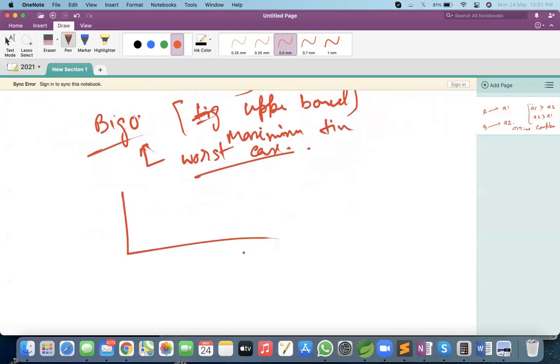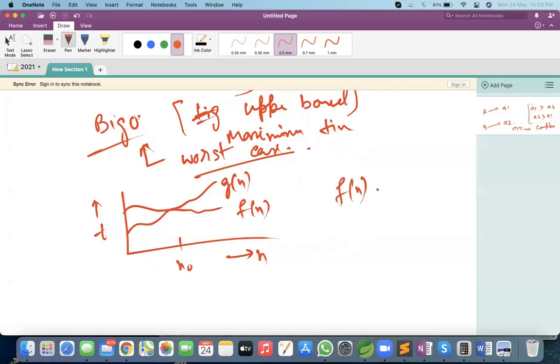See, if I draw a graph, this is n, this is time, okay, and this is the initial n0. So this is the f(n), this is the g(n). Okay, g(n) is the maximum. So I can write an equation: f(n) is less than or equal to C multiplied by g(n). Okay, so what is this equation saying?